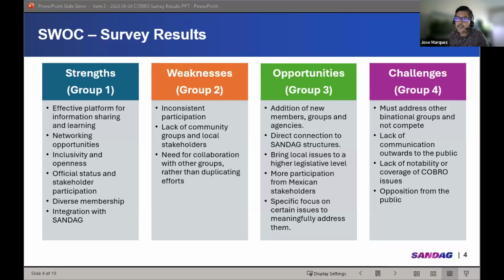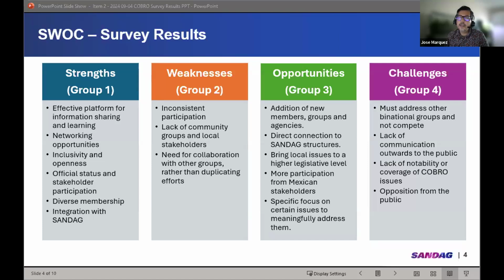Maybe I'm going to start throwing out a couple of things. Some of the challenges that I see for COBRO is, one, the participation. Years ago, and probably it's because of COVID, we had more participation, especially from the CBOs, even other government agencies.